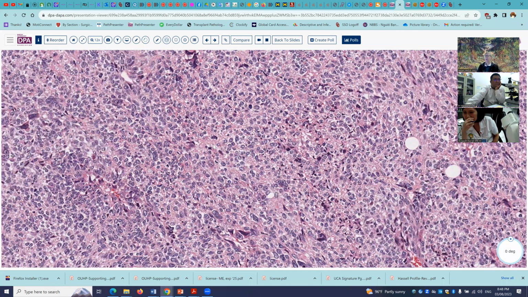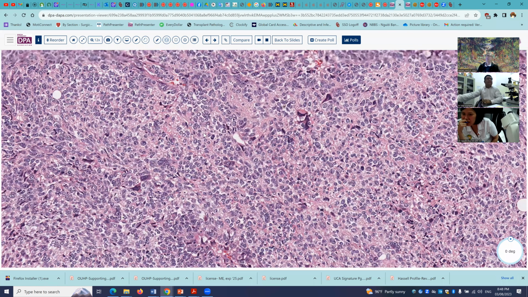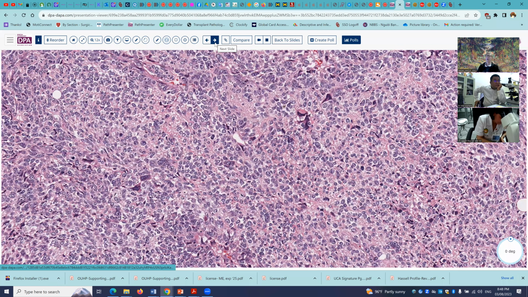And it's important to appreciate the spectrum of disease in these lesions. And that's part of my purpose in showing you multiple examples, because when you encounter a lesion in an area like this, if you've only seen one or two examples, you may miss a new variant or a different variant than what you'd seen and may make a diagnostic error.